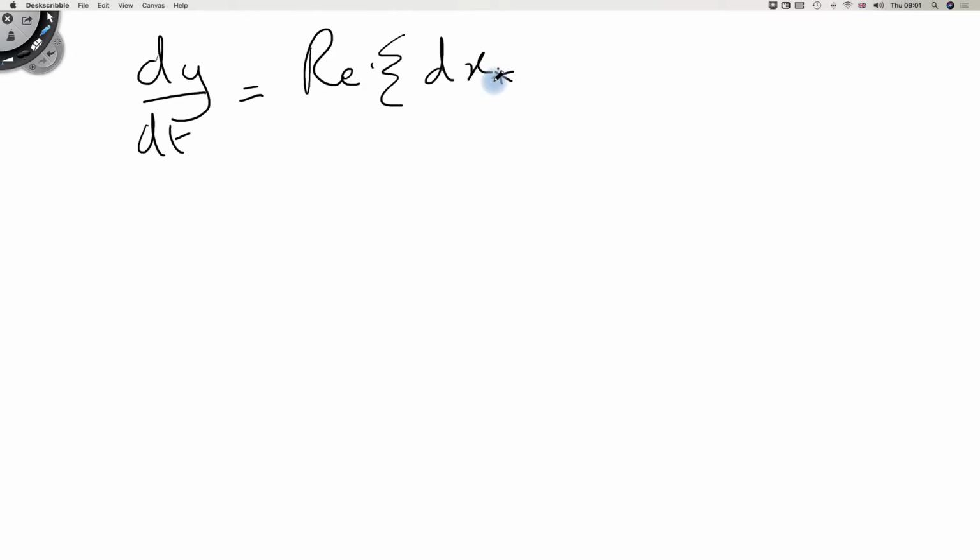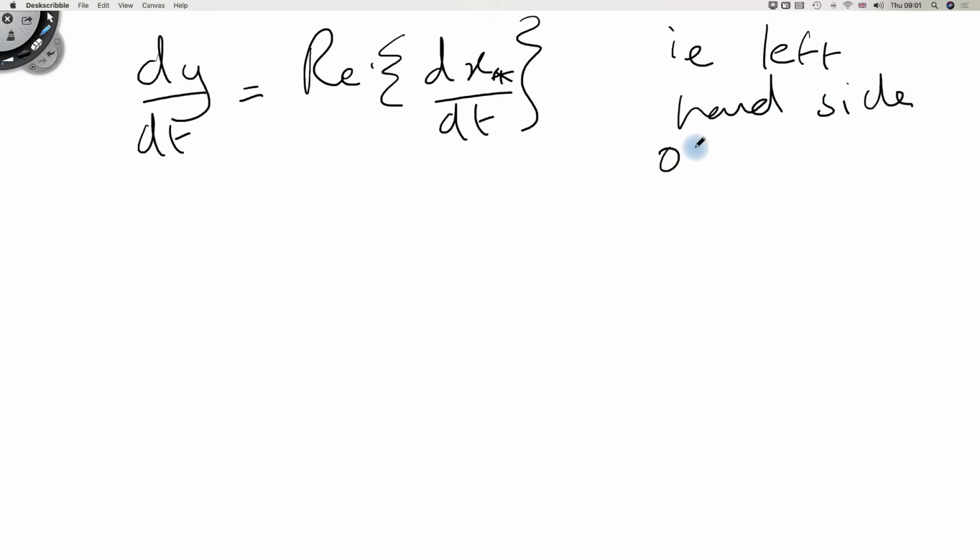If I do dy/dt, which is the real part of dx star/dt, i.e. what I'm looking at is the left hand side of the ODE, dx/dt. So we want to show that if we do the real part of dx star/dt, or dy/dt in this case, we end up with the right hand side, and then that all fits together.